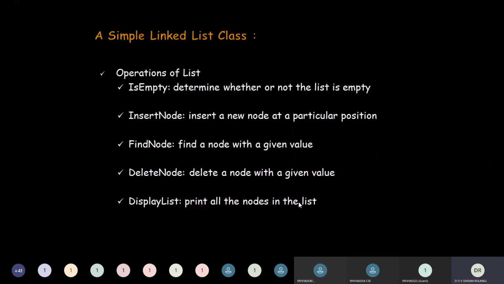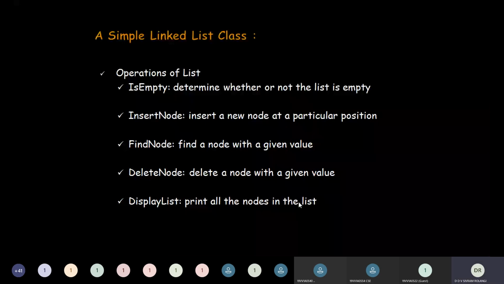So the find node operation will return the index of A5. What is the index of A5 here? A5 happens to be the fifth node, so it will return 5. 5 in the sense A5 is the fifth node in the list. This is the find node operation, or lookup operation.